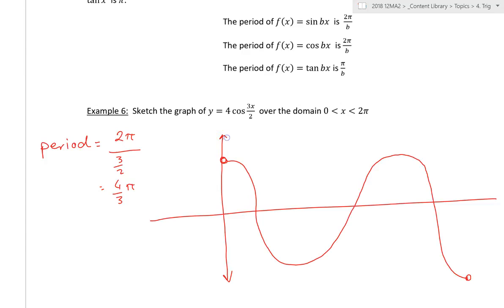So there's my x-axis, my y-axis. That is at 4. This here is at -4. Now that's my 2 pi there.